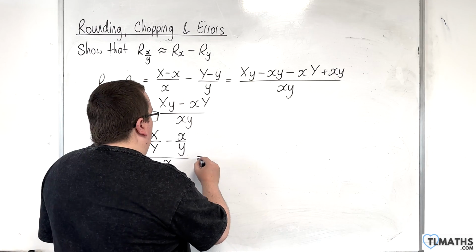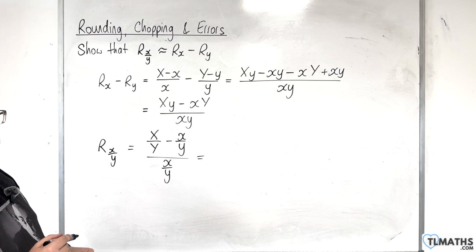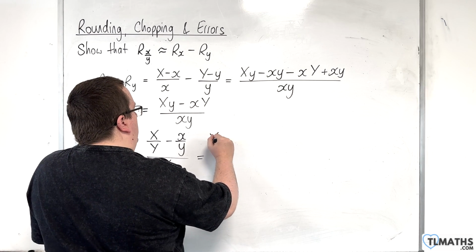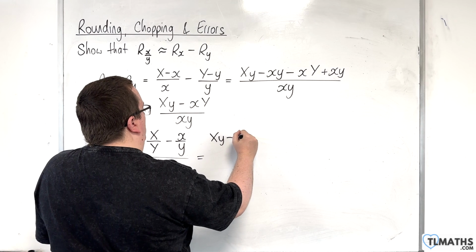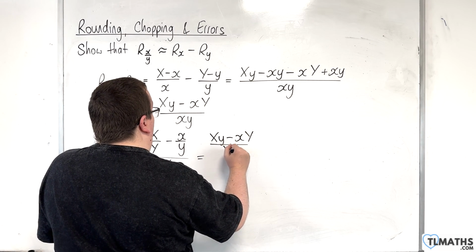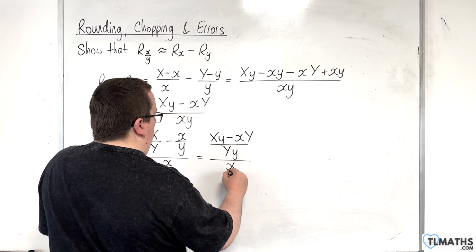So if I combine these two terms in the numerator, so we're going to have cross multiply capital X lowercase y, take away lowercase x capital Y, over uppercase Y lowercase y, all over x over y.